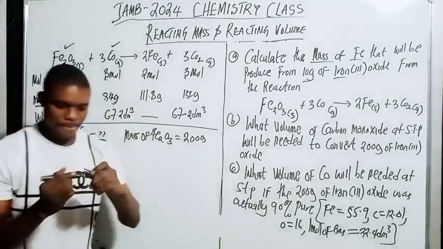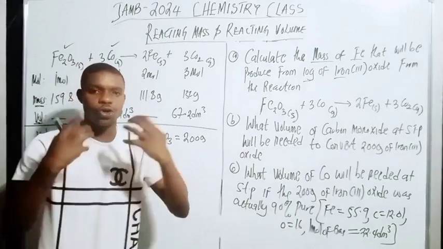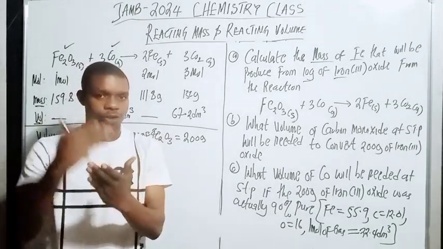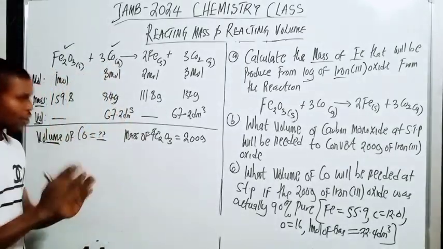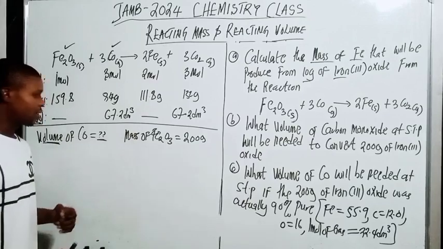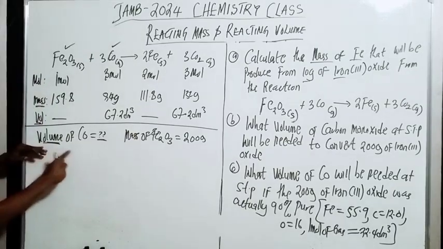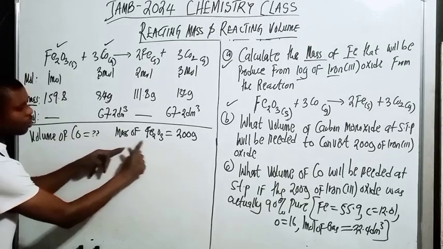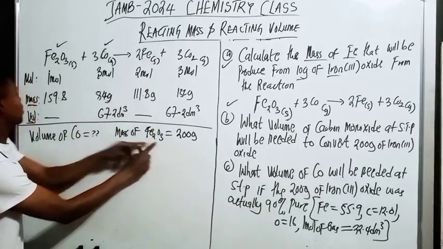Now let me explain it again. From the question, you know your relationship. Do you understand? If you look at the question here, it says what volume of carbon monoxide at STP. So we are looking at the volume of carbon monoxide. If you check very well, the mass of Fe2O3 is this one here.